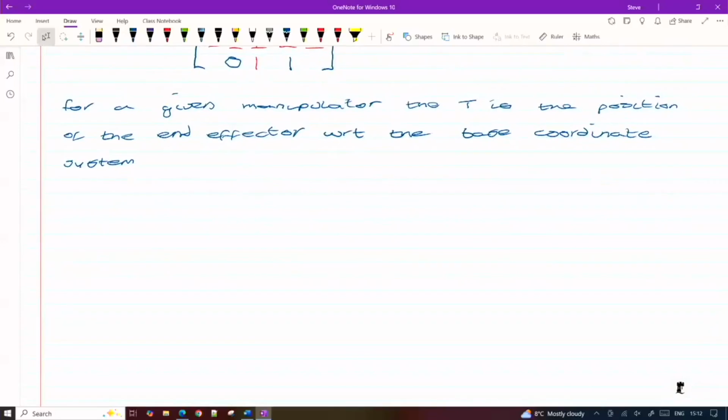And if you go through the process for a given manipulator, you'll come up with a series of matrices that you multiply together, and you end up with quite a complex 4x4 matrix that can contain a lot of terms to describe both the rotation and the translation.